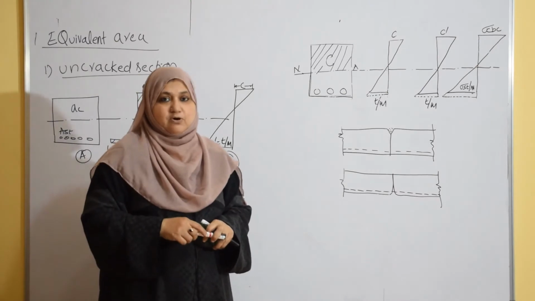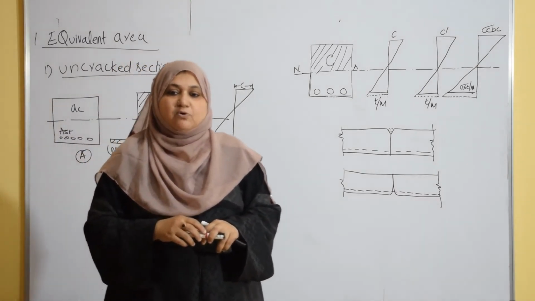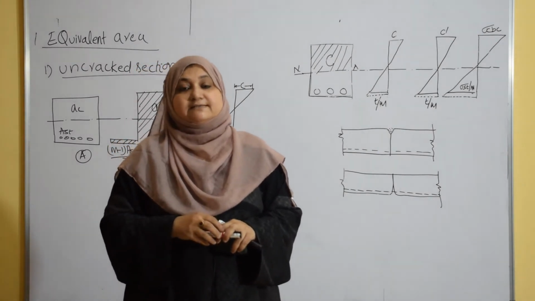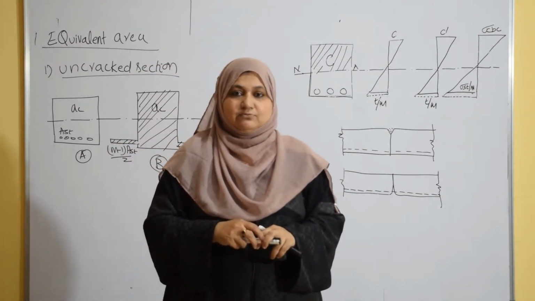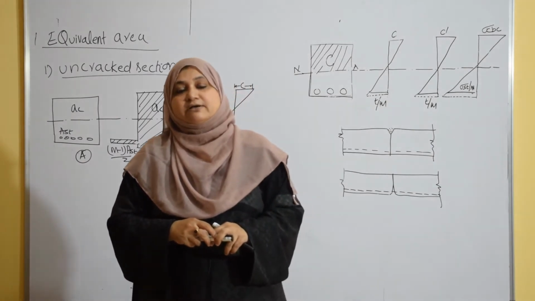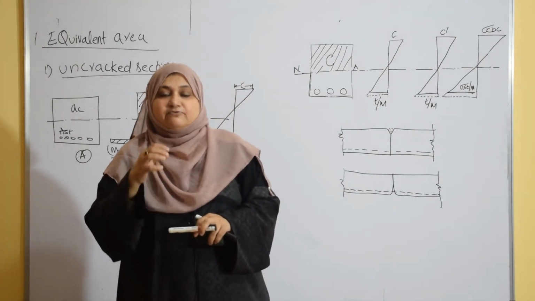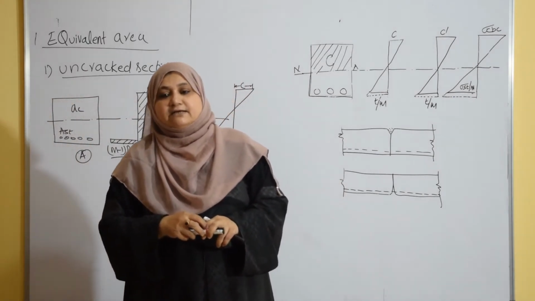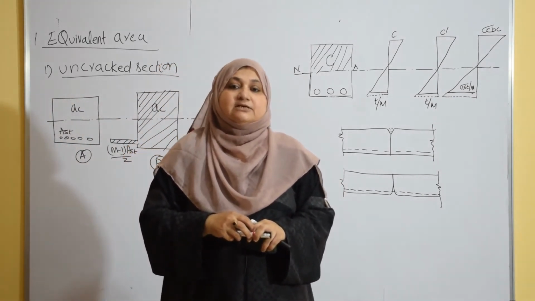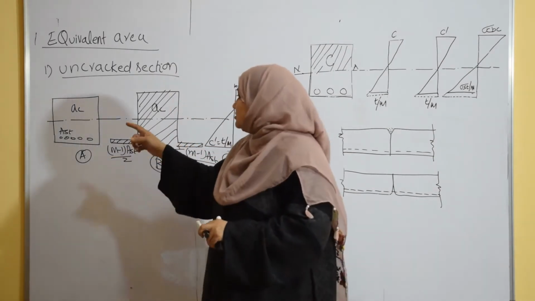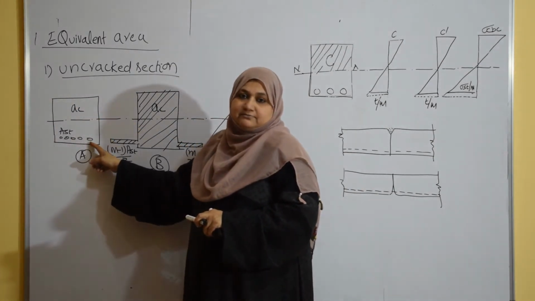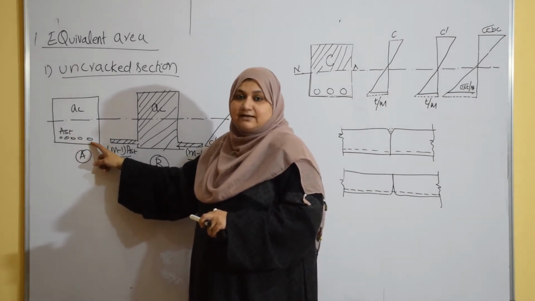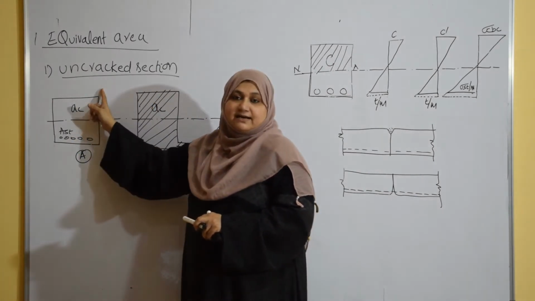When the load is so small that the tensile stress developed in the concrete is less than the permissible value, you know the tensile strength of concrete is very low, in such cases the concrete area below the neutral axis will not crack. Such a section is called an uncracked section.